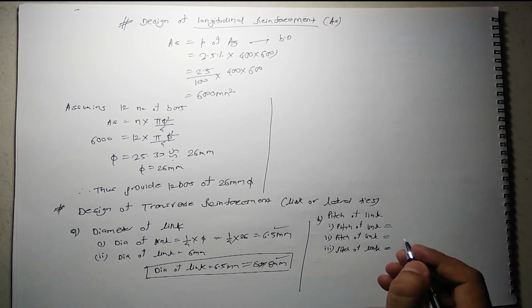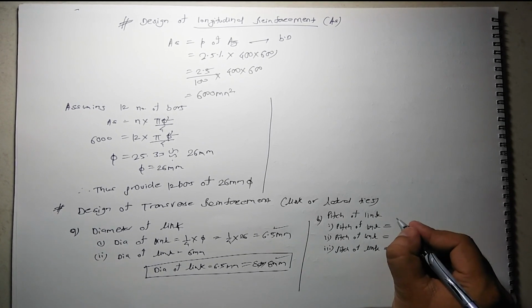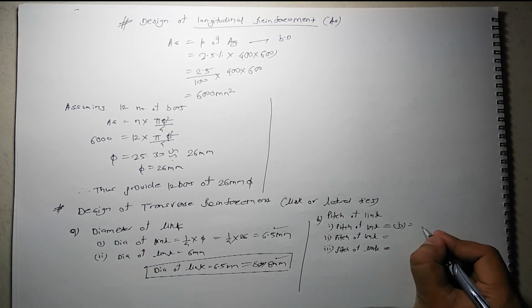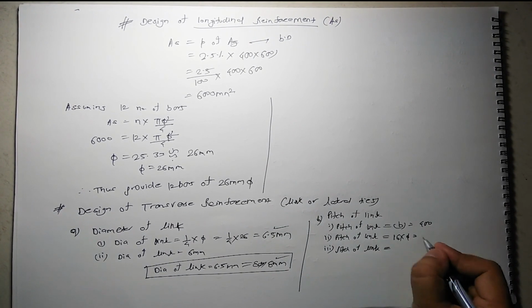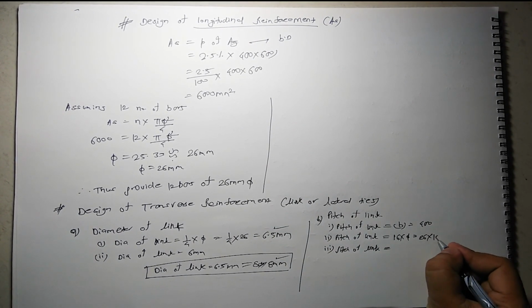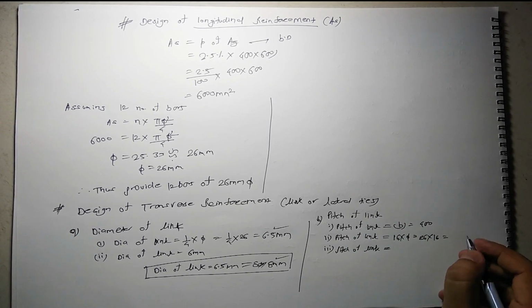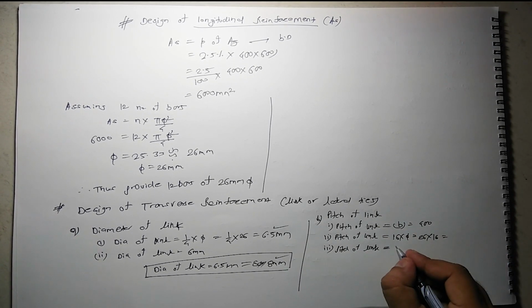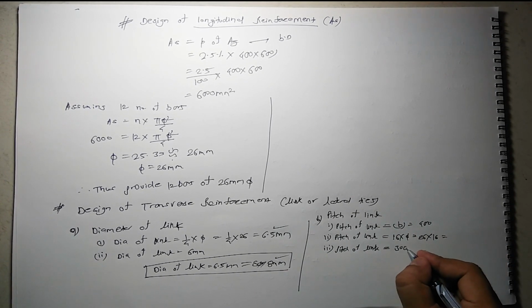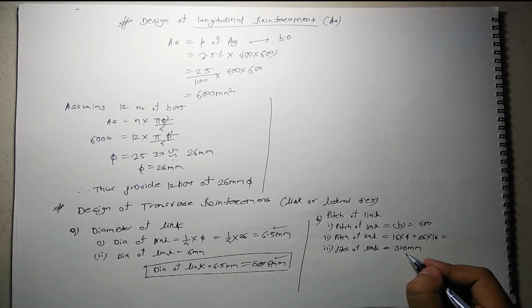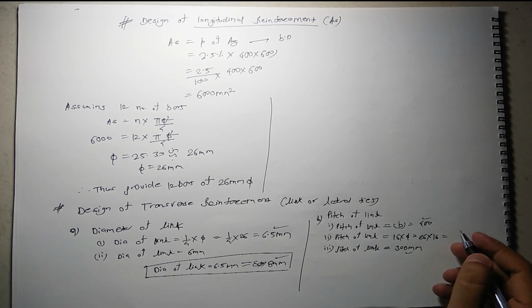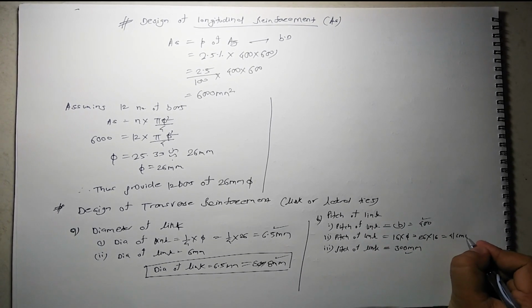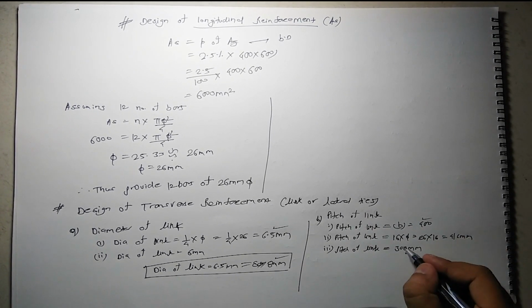Remember, the first one will be the least lateral dimension, that is B. We have 400. Then the second will be 16 times phi. We have 16 into 26, that is 416 mm. And the third, or minimum should be 300 mm. So the minimum of these, we'll choose 300 mm.